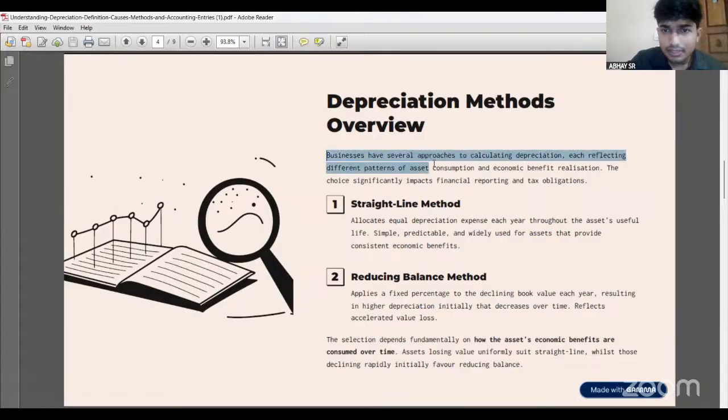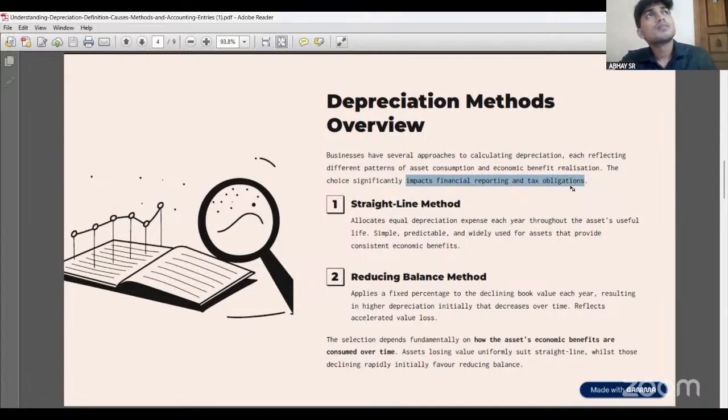Businesses have several approaches to calculate depreciation, and each of these methods calculates depreciation in a different way and provides an economic benefit in a different way, and that impacts our financials and also the tax obligation.